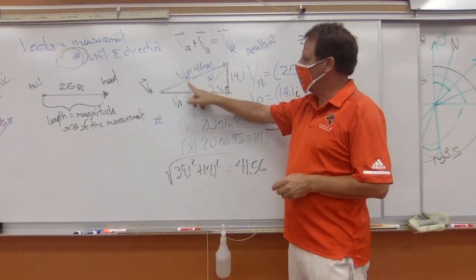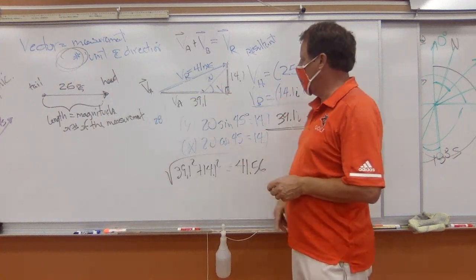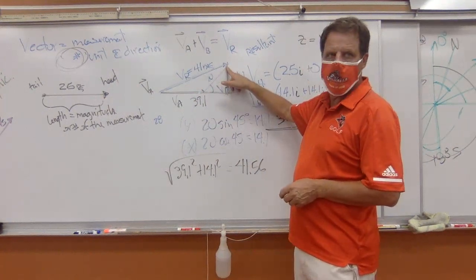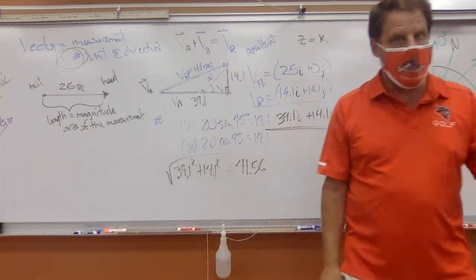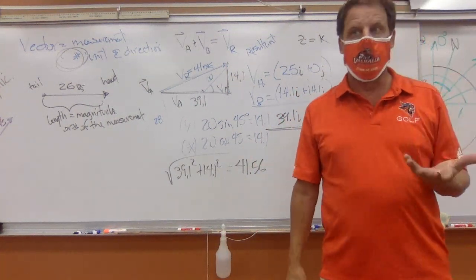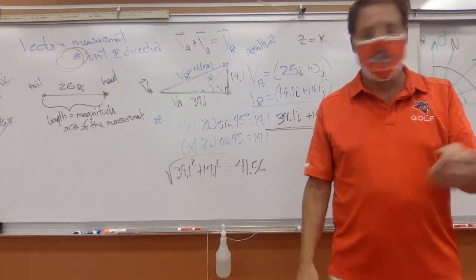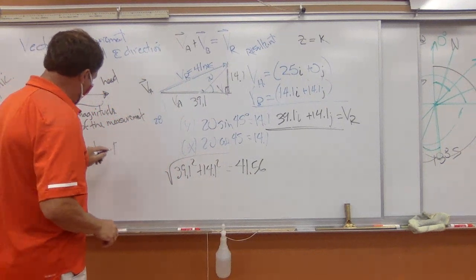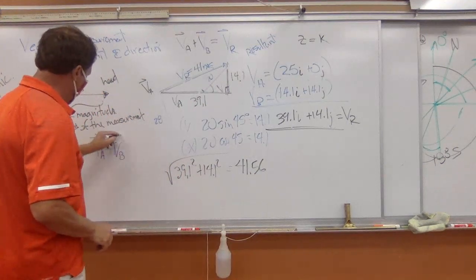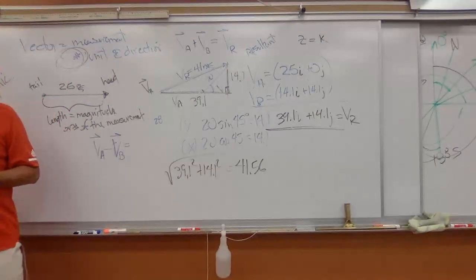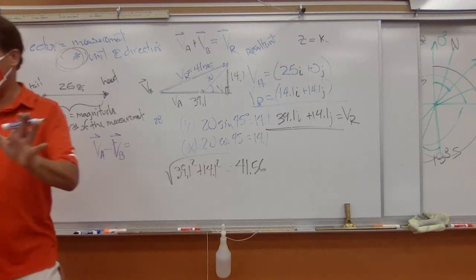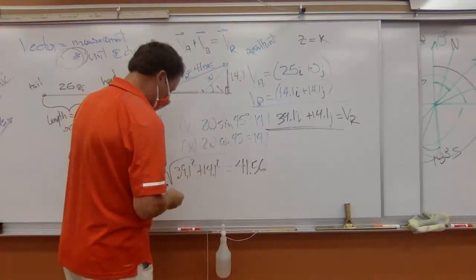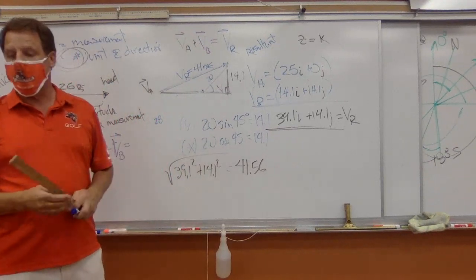If vector A was 25 and vector B was 20, what would vector A minus vector B equal? Graphically, vector B would just go in the opposite direction.